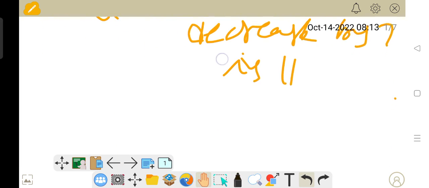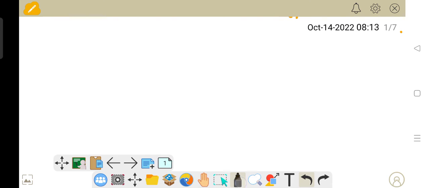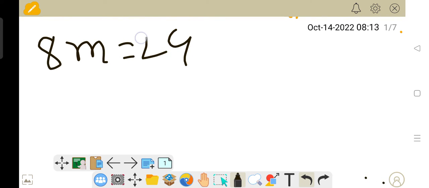And the next one is 8m equals to 24. This can be written as, here the symbol between 8 and m is into. It can be written as 8 times a number is 24.